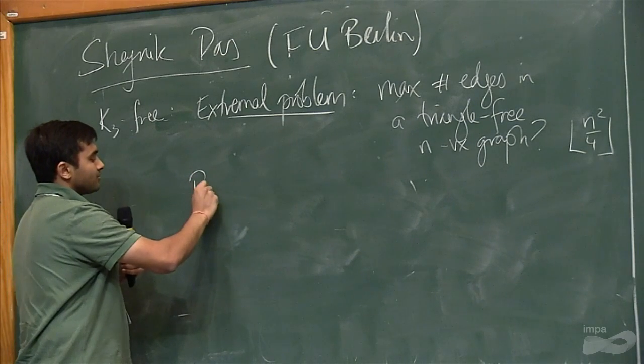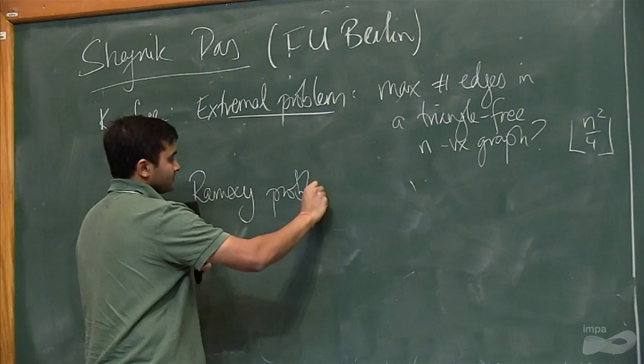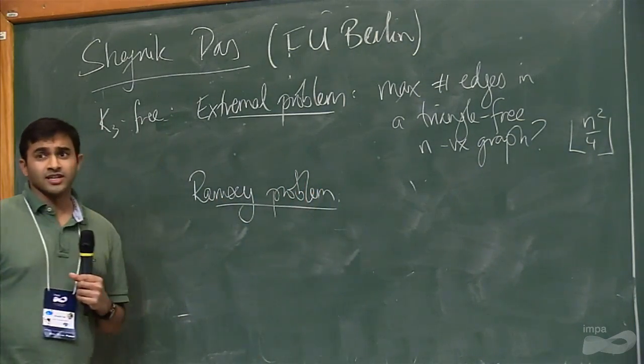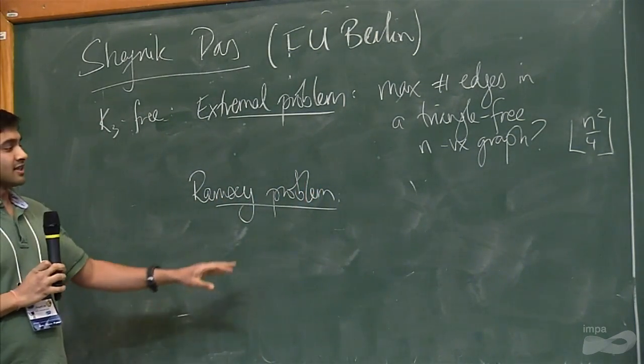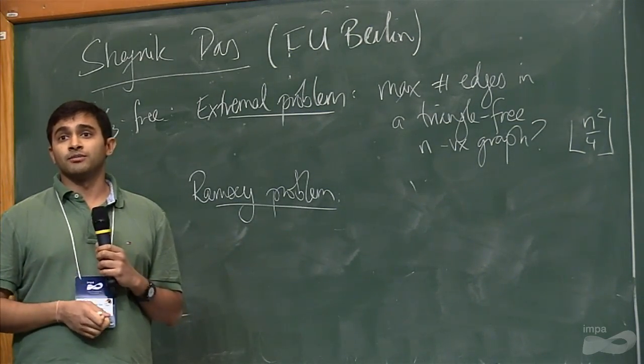Then there's a Ramsey type problem. And I suppose this is really an inverse Ramsey problem. It's asking how many colors do you need to color the edges of the complete graph without a monochromatic triangle?